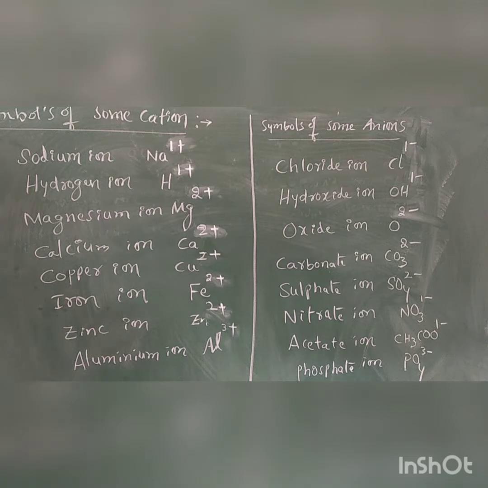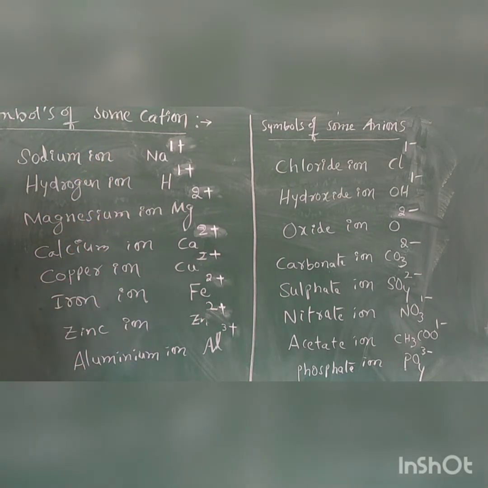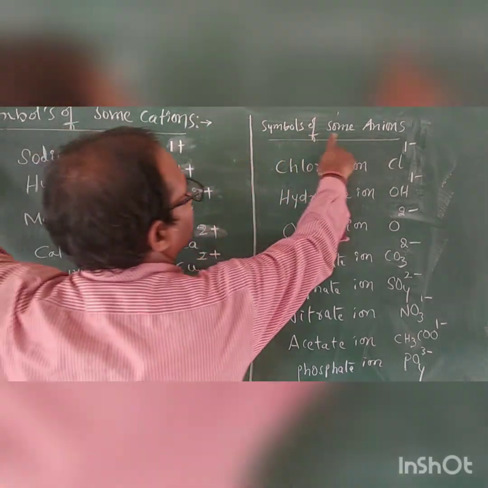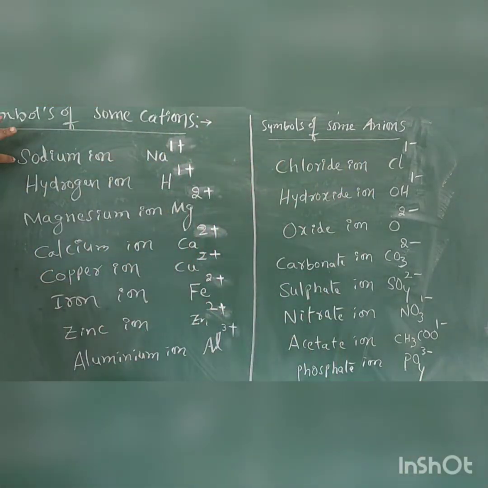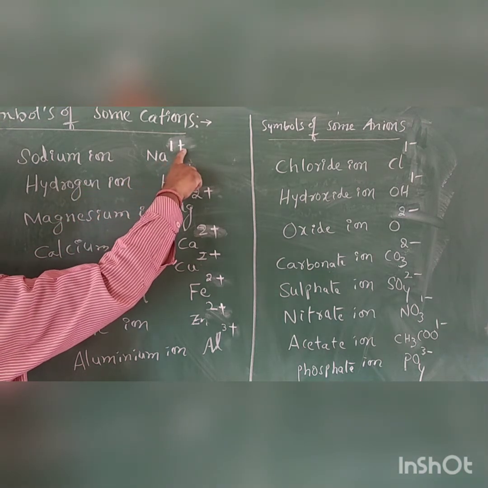Yes, children, you can see now the symbols of some cations and symbols of some anions. Cations means species having positive charge.